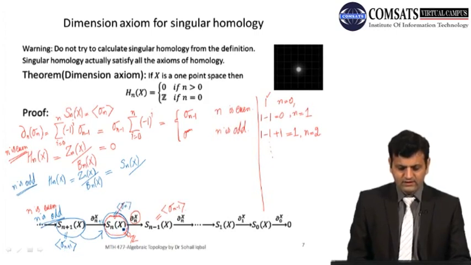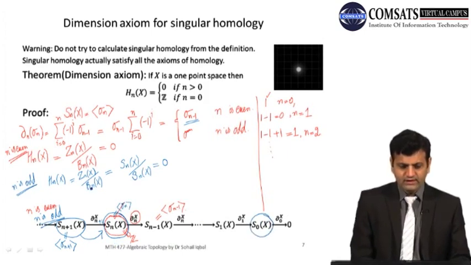So in other words, the boundary is equal to S_n(X), because S_n(X) is generated by one element sigma n, and sigma n is the image of sigma n plus 1, because n plus 1 is even, and in the case of even the image is equal to this. So the quotient is 0.